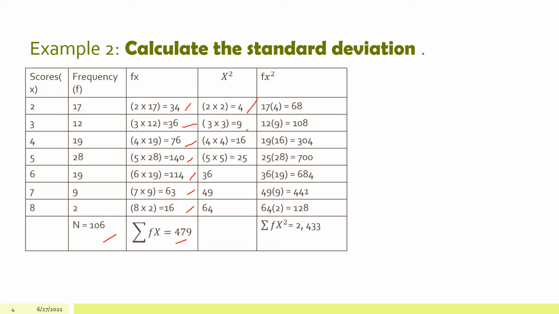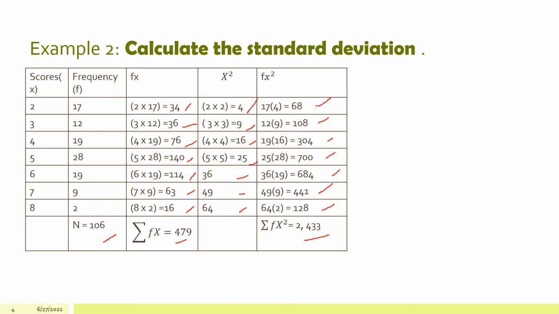So we have 4, 9, 16, 25, 36, 49, and 64. Then for fx squared, it means we need to multiply the frequency and the square of x. So we have 28, 12 times 9 is 108, 19 times 16 is 304, 28 times 25 is 700, 19 times 36 is 684, 9 times 49 is 441, and 2 times 64 is 128.